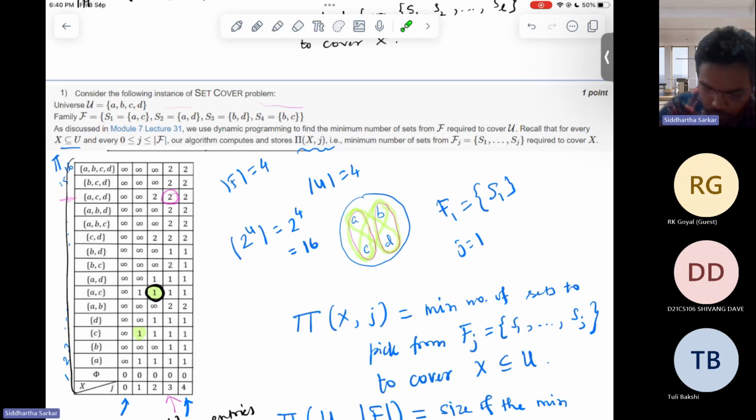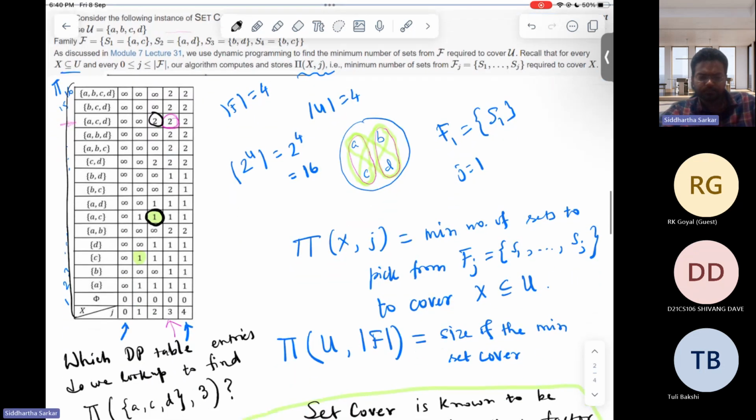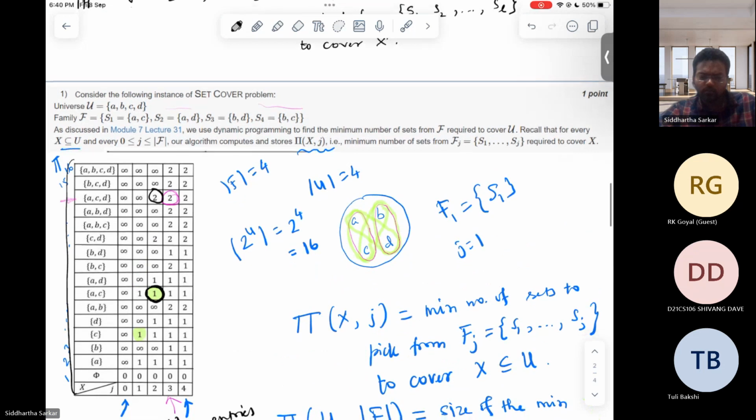Right? So ACD comma 2 and A comma C comma 2. These two table entries have to be looked up. One can cook up many kinds of questions. This is just to give you a flavor of what kind of questions are expected in these dynamic programming table computations.